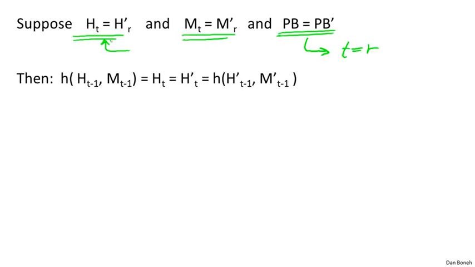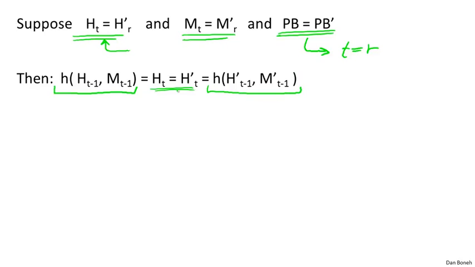In other words, how was ht computed? Well, ht is computed by hashing the previous chaining variable, namely ht minus 1, with the second to last message block. And similarly, ht prime was computed, you notice I replaced r by t, by hashing the previous chaining variable along with the second to last message block of m prime. And because these two are equal, now we get another candidate collision for the compression function.